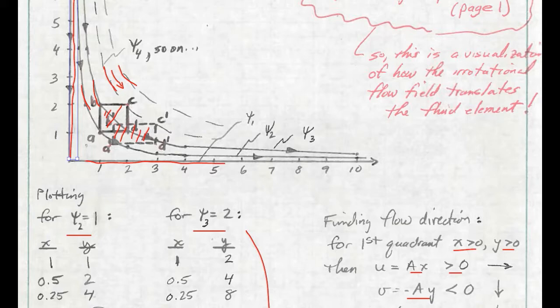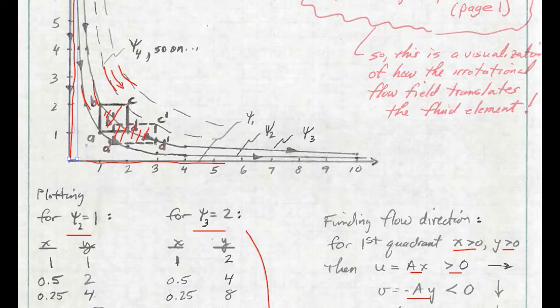So hopefully that puts together several concepts. In part 1, we saw the kinematics and how this shape is translated from A, B, C, D to A prime, B prime, C prime, D prime. We saw that it was not rotating. It was an irrotational system because those derivatives canceled out. And we saw that mass was conserved, which it should be for an incompressible fluid like this.